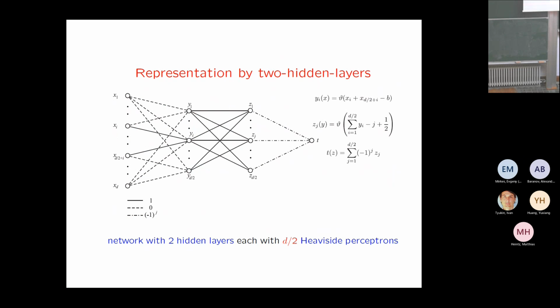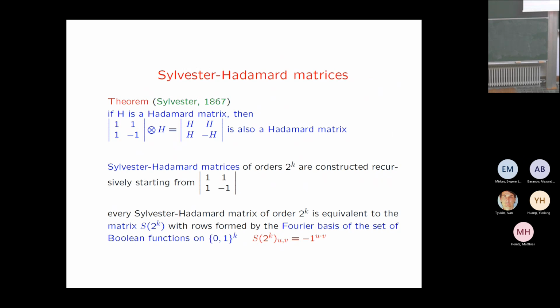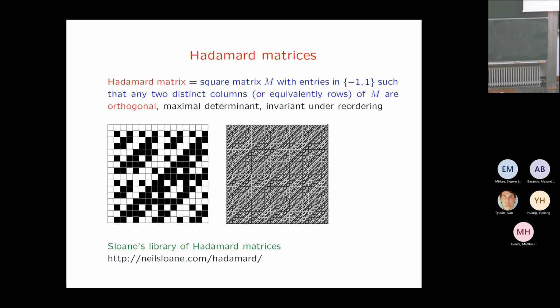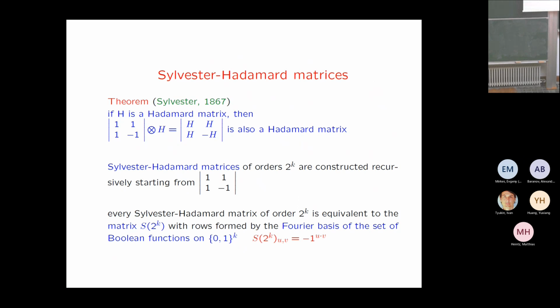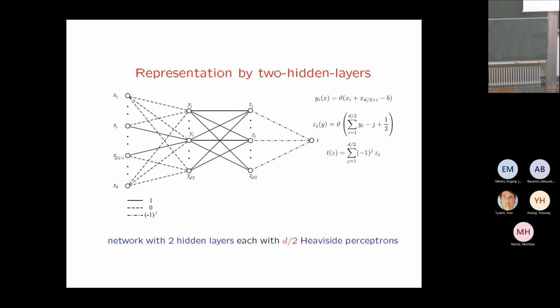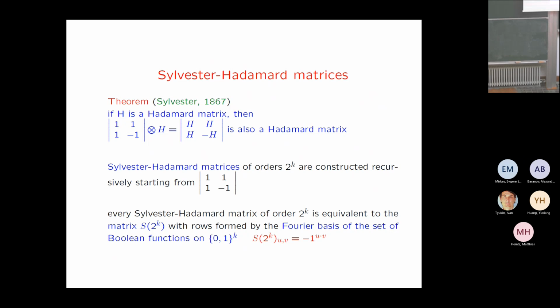And in fact, this is interesting: although the functions generated by these Sylvester-Hadamard matrices are nearly orthogonal to any perceptron, meaning that they have large variations, on the other hand, if you would like to compute such functions with two hidden layers, you can easily do it, because these are compositional functions. They can be written as (-1) to the power u times v, where you denote these rows.